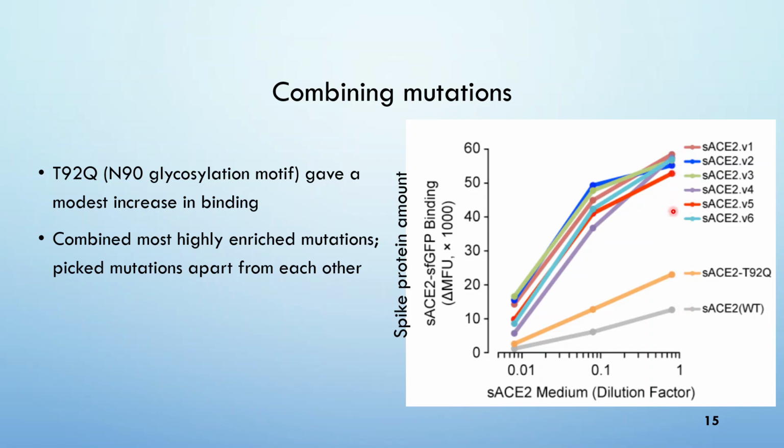Then for the rest here, the combinations, they picked mutations that are slightly further apart to avoid side effects, and they showed that these combinations greatly increased binding affinity. But of course, there are many other unexplored combinations of mutations that could have greater effects.